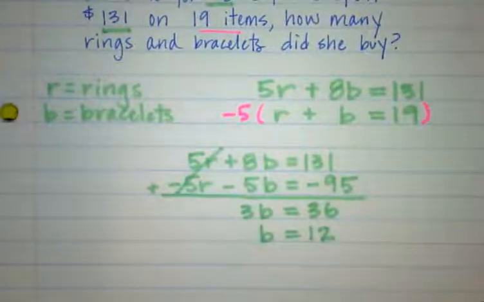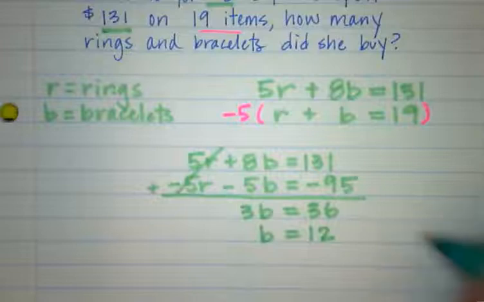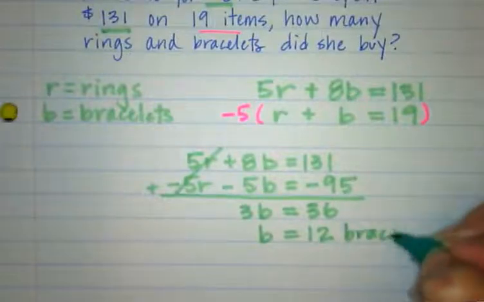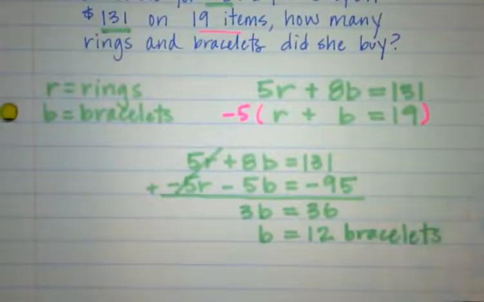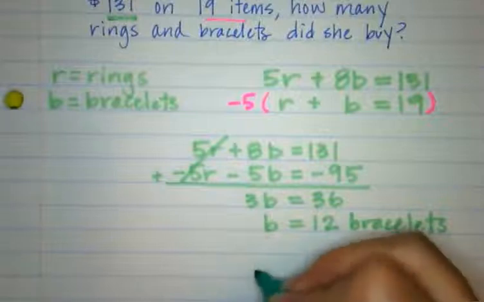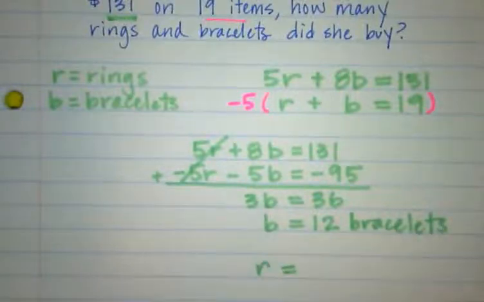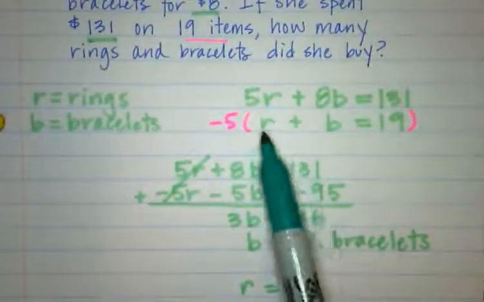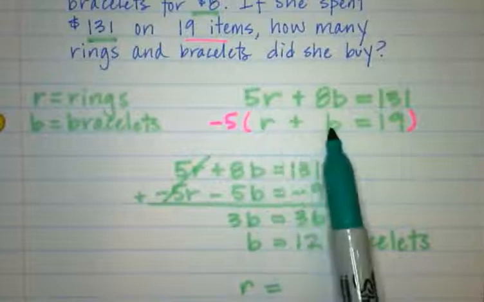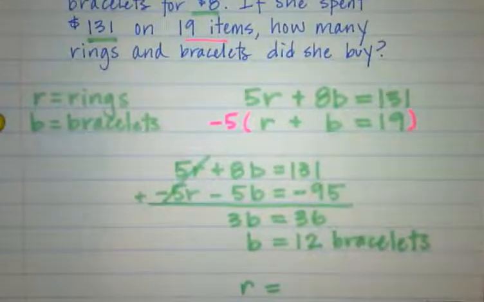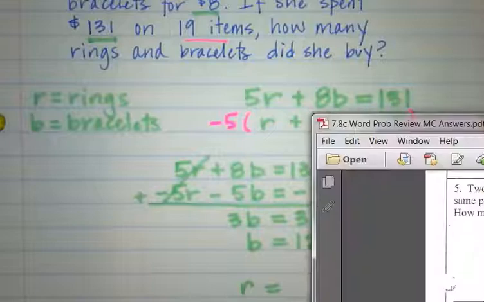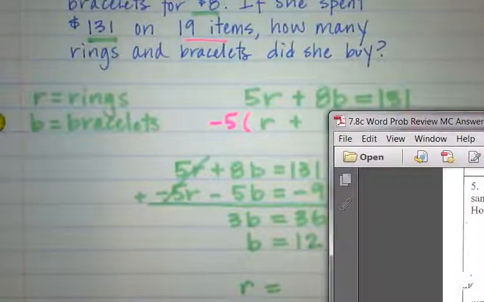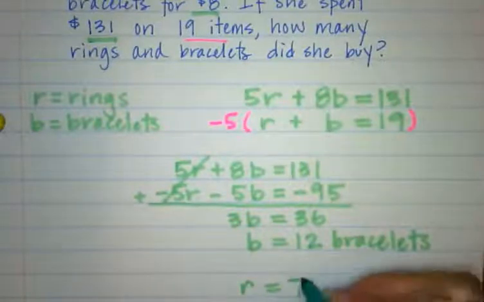What that tells me is that she bought 12 bracelets. Now, if she bought 12 bracelets, I need to figure out how many rings that means. Probably the easiest equation would be to go right here. If she bought 12 bracelets and a total of 19 items, then that means she purchased 7 rings.